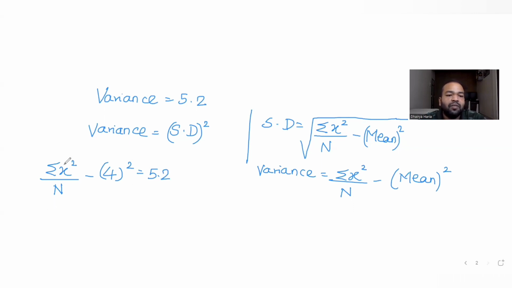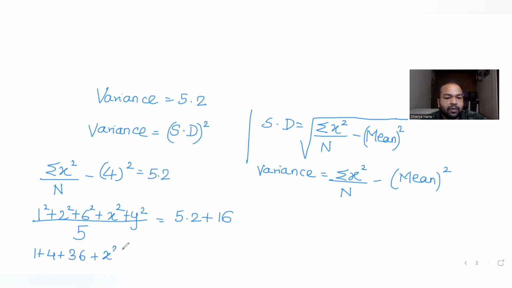So the sum of squares of observations is 1 square plus 2 square plus 6 square plus x square plus y square, divided by 5, equal to 5.2 plus 4 square, that is 16. 1 square is 1, 2 square is 4, 6 square is 36, so x square plus y square is equal to 16 plus 5.2, that is 21.2, into 5. Multiplying 21.2 into 5, you get 106.